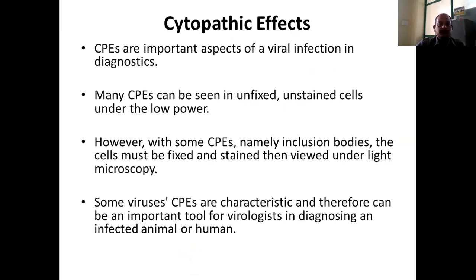However, with some cytopathic effects, namely inclusion bodies, as we have seen, Negri bodies, molluscum bodies, the cells must be fixed and stained with certain stains such as Giemsa stain, and they can be observed under the light microscope. Some viruses produce characteristic CPEs and therefore these can be an important tool for the diagnosis of that particular viral infection.